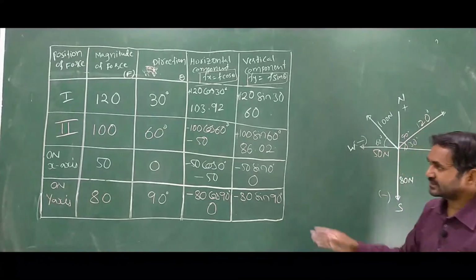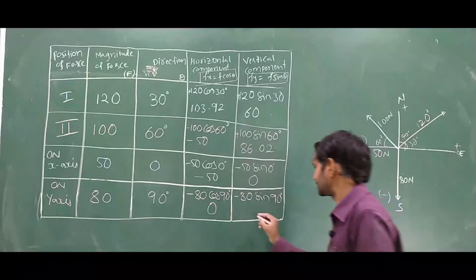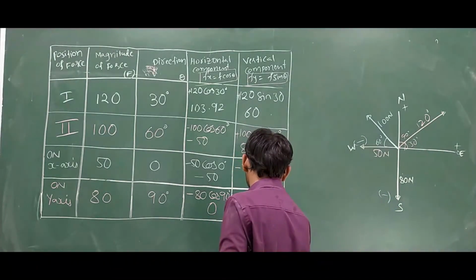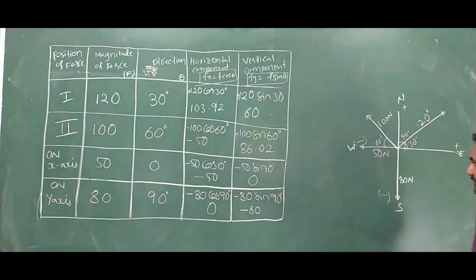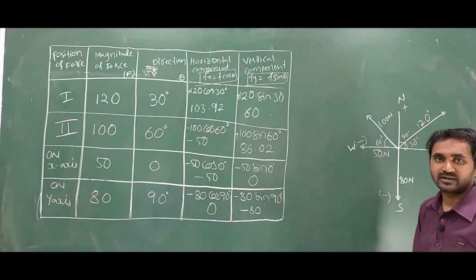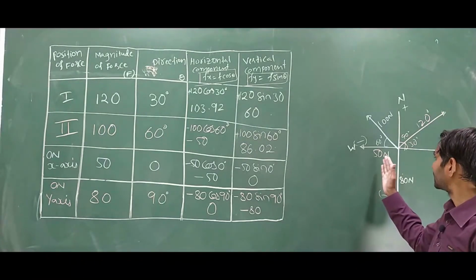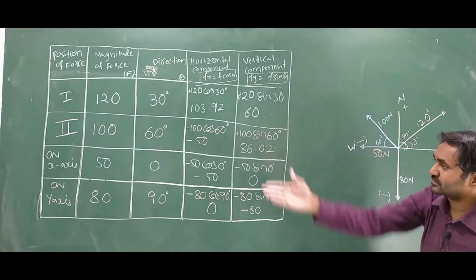So you will get minus 80 sine 90 degrees. Sine 90 will be 1. So minus 80. So like this you have to solve the equations by seeing your tabular column, or by seeing this diagram. You have solved all the problems.